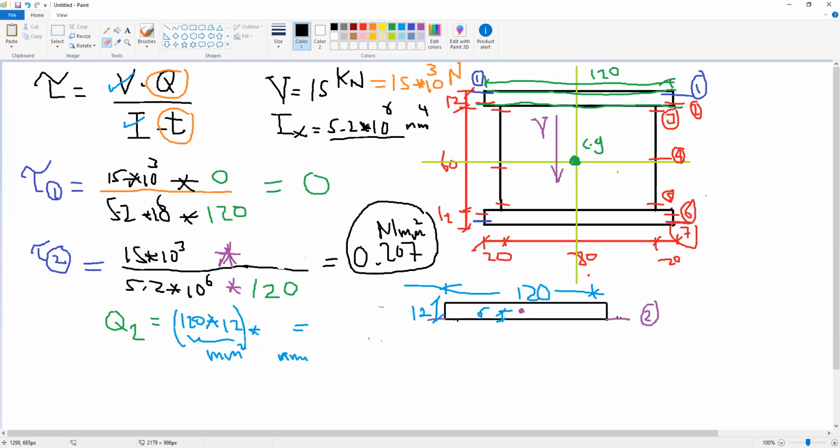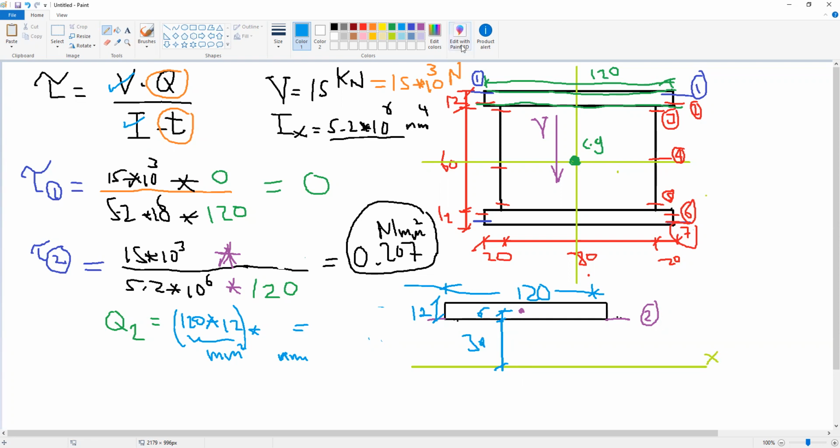If we take it out like this, we need to know where the centroid of the whole section is, which is somewhere here. This is the x-axis of the whole section. We need to calculate up to the centroid. So this one is 6 millimeter and this one is 30 millimeter.